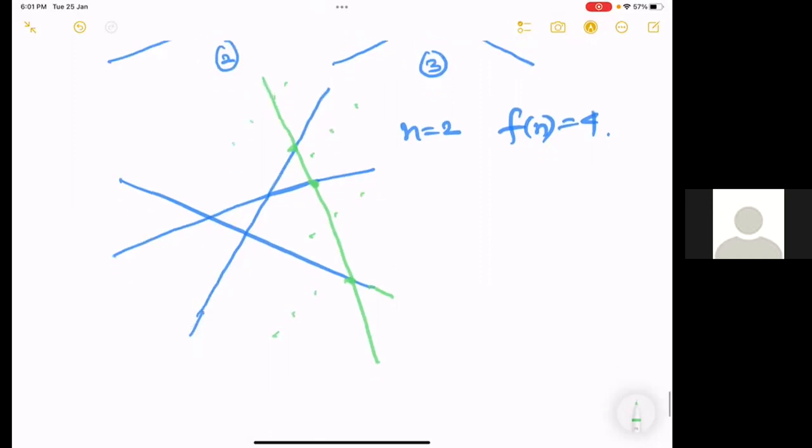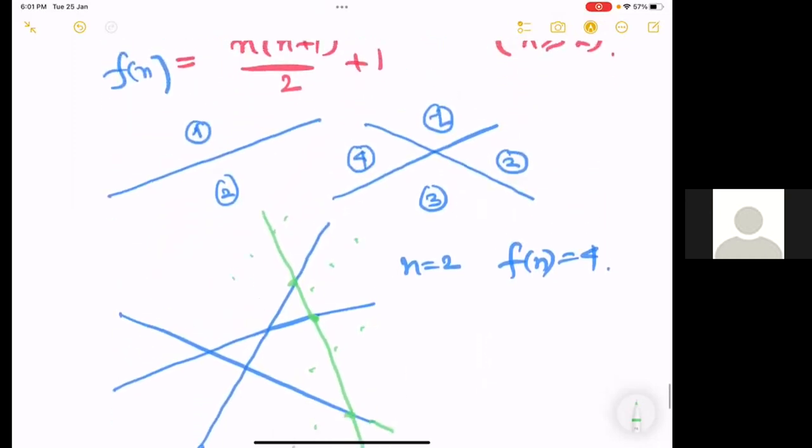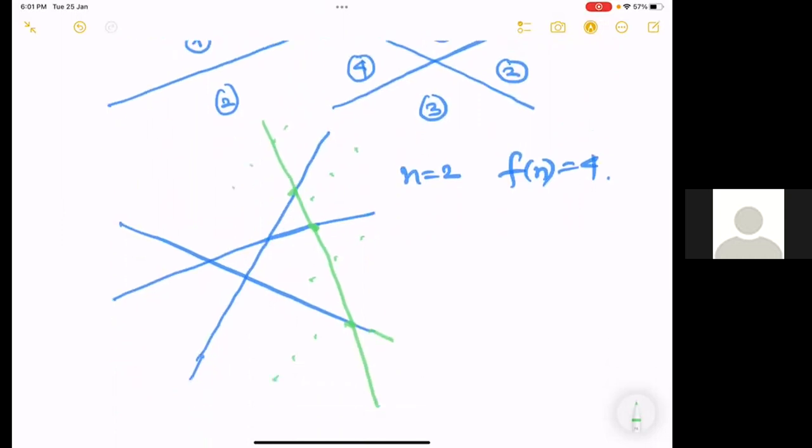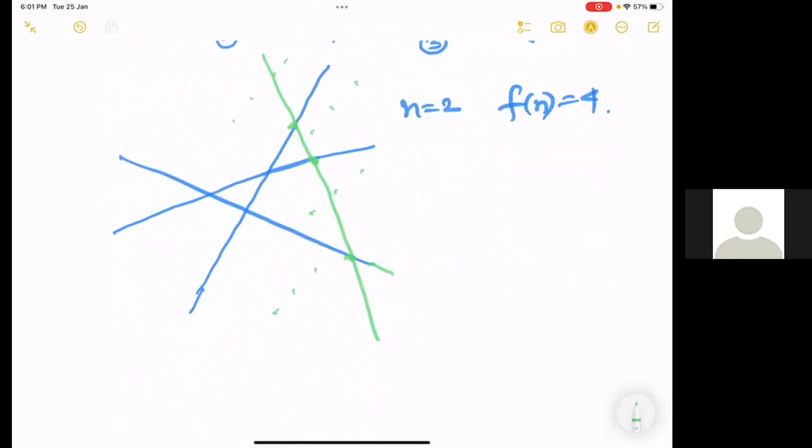So now what is the relation between Fn and Fn plus 1? Fn plus 1 equal to F of n plus n plus 1. Very good. If you have not followed the argument, just work it out offline.